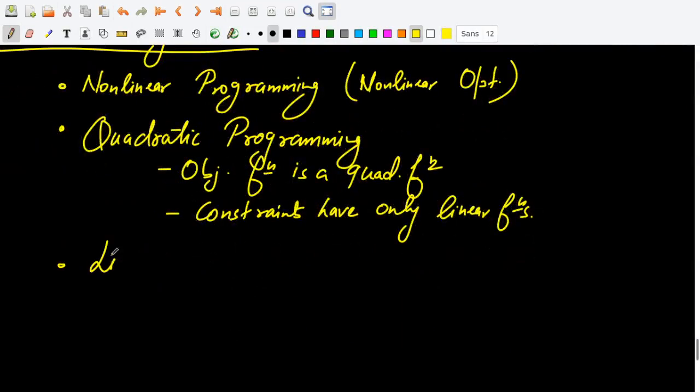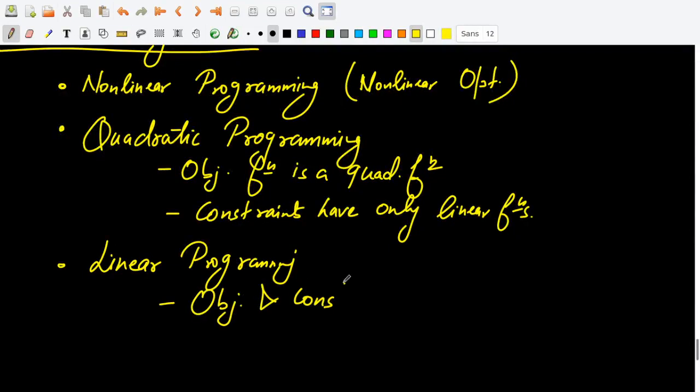Linear programming is even simpler. So objective and constraints both are linear functions only.